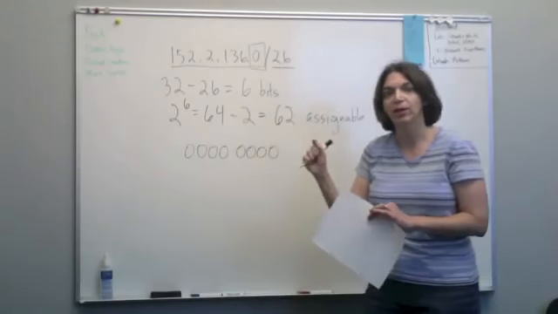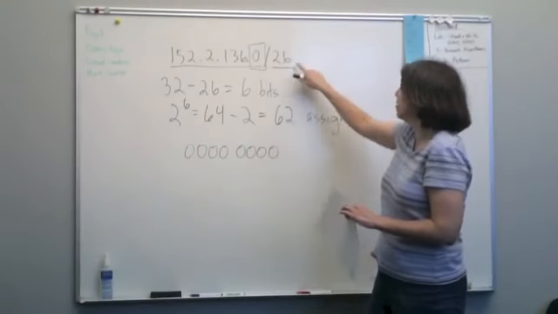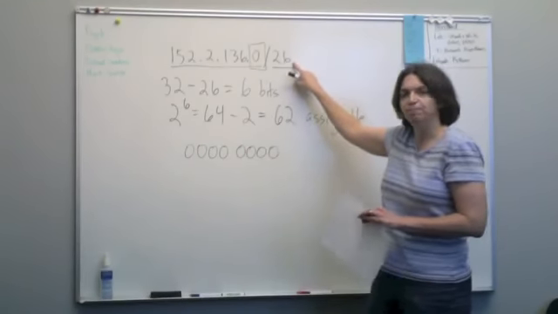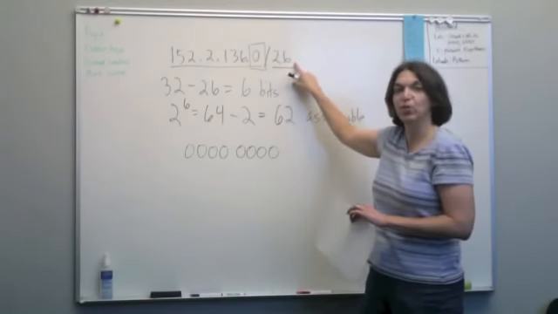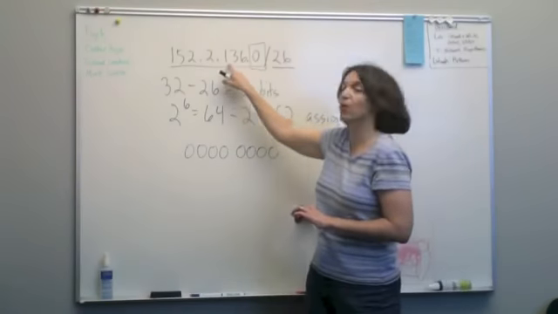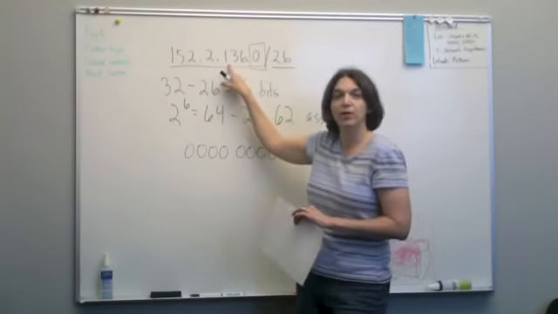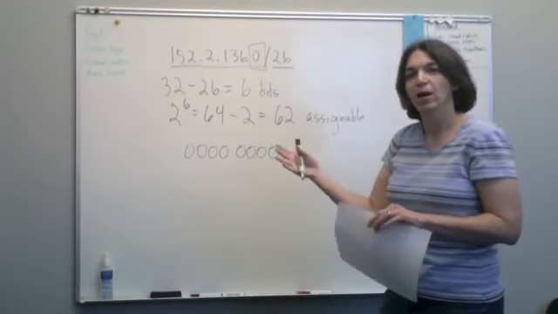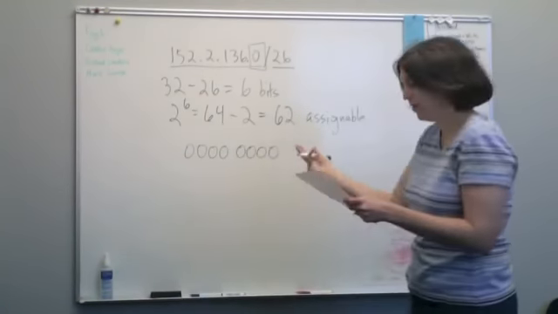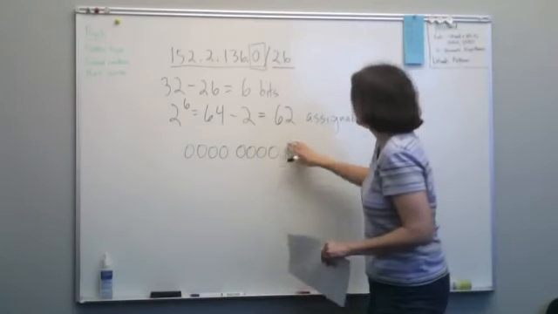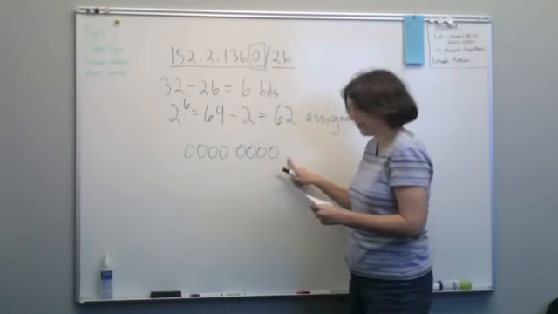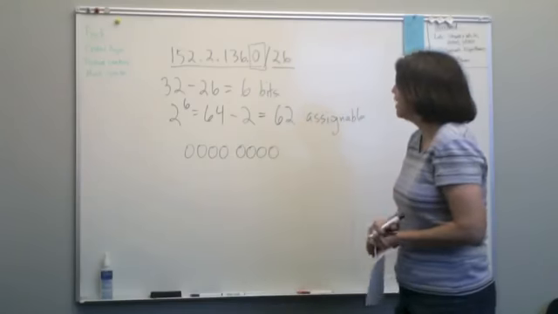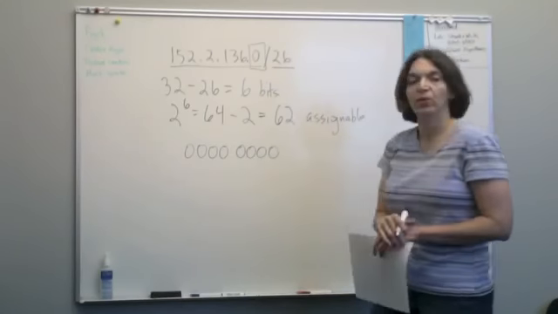CIDR is based on the particular number of bits. So if the network part is less than 24, you're going to have to go farther in converting the IP address to binary to figure out where you need to make the difference to figure out the range.